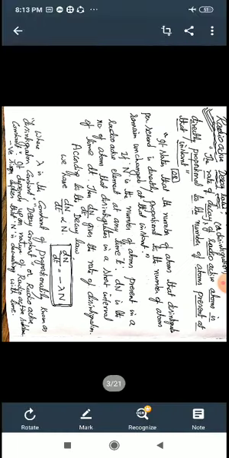It depends upon the nature of the radioactive substance, and the negative sign implies that n is decreasing with time.